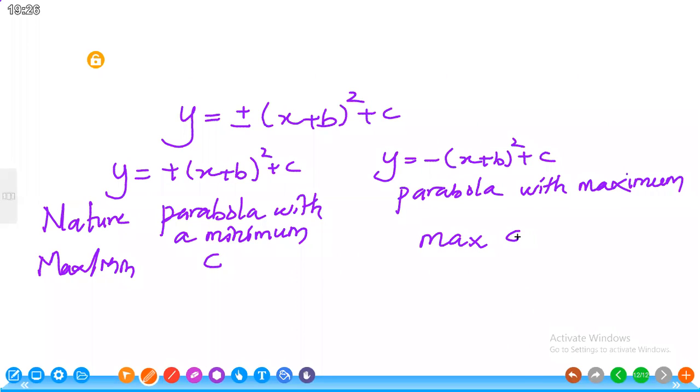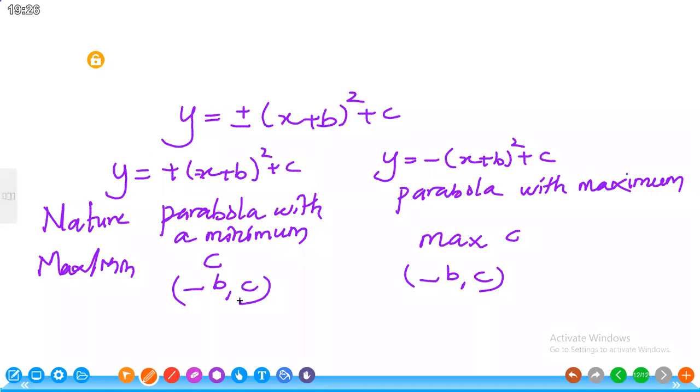Okay. Then we consider the coordinates of the maximum and minimum points of this graph. Here negative b comma c, here also negative b comma c, right? By using this value, you will obtain x is equal to negative b and y is equal to c, right?